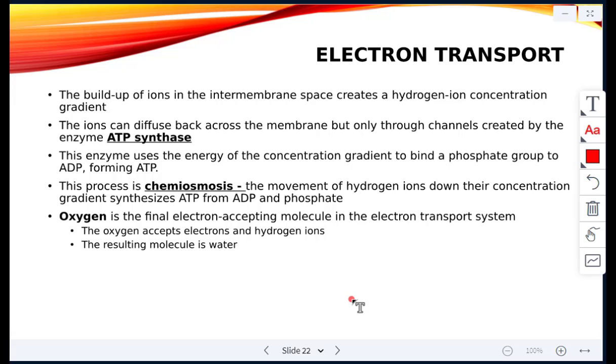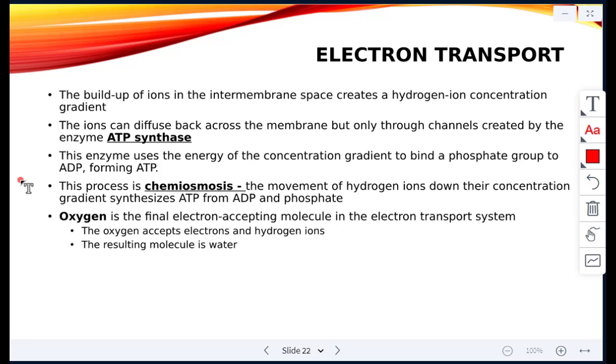The ions can then diffuse back across the membrane, but only through these special channels created by the enzyme ATP synthase. This enzyme uses the energy of the concentration gradient to bind a phosphate group to ADP and will form ATP. And that process is called chemiosmosis.